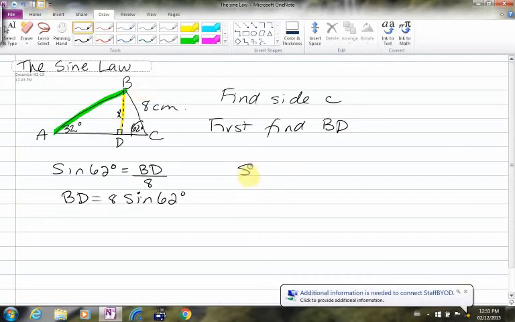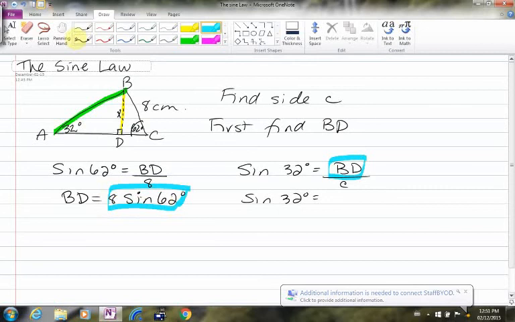Okay, so now I'm going to say the sine of 32 degrees equals the opposite side, which is BD, divided by the hypotenuse, which is what I'm looking for, which is C. So I'm just going to write that. I'm going to replace BD with its value, which is 8 times sine 62.